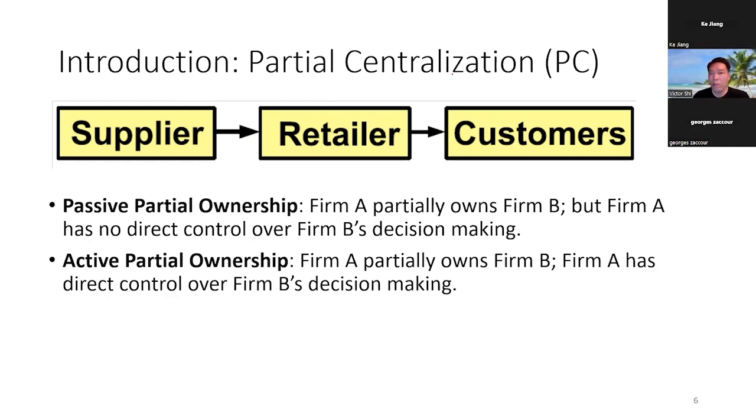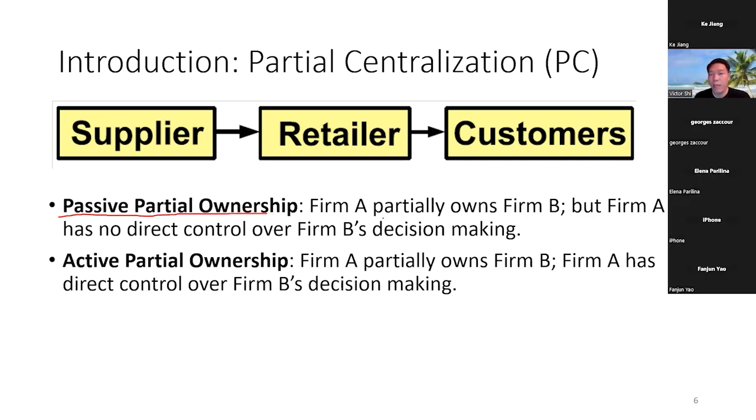So for the partial centralization or the partial ownership, there are also 2 possibilities in terms of how people make decisions, okay? One is called the passive partial ownership, okay? So if firm A partially owns firm B, but firm A has no direct control over firm B's decision making, okay?